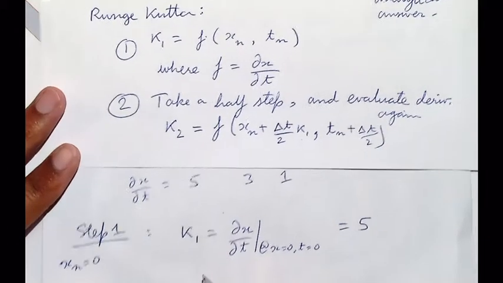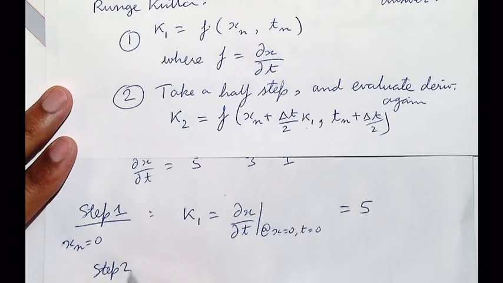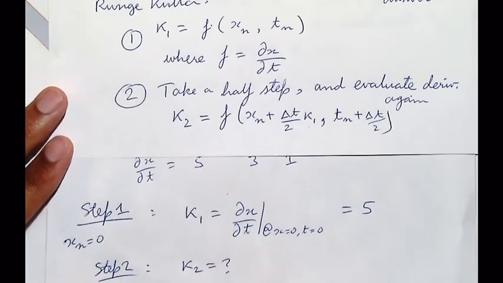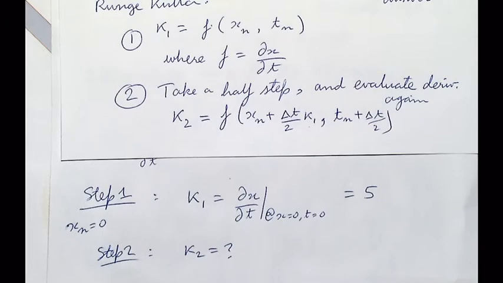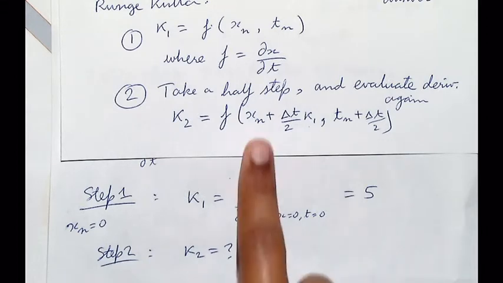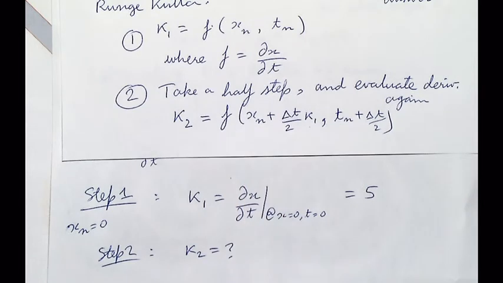Okay, next step is K2 equals what? So basically, what does K2 represent in our channel case? Halfway between step 0 and 1 on the velocity.